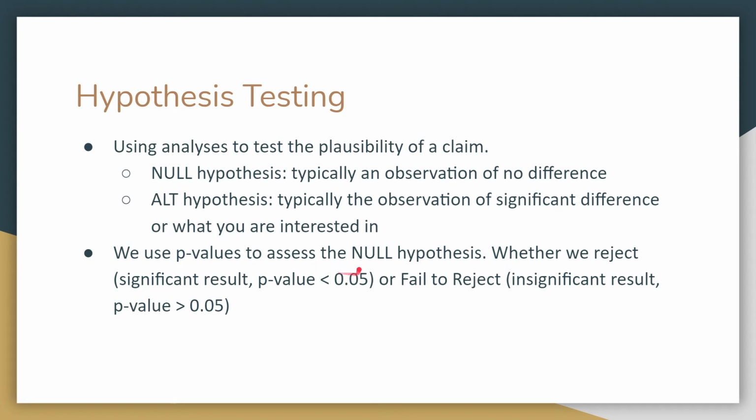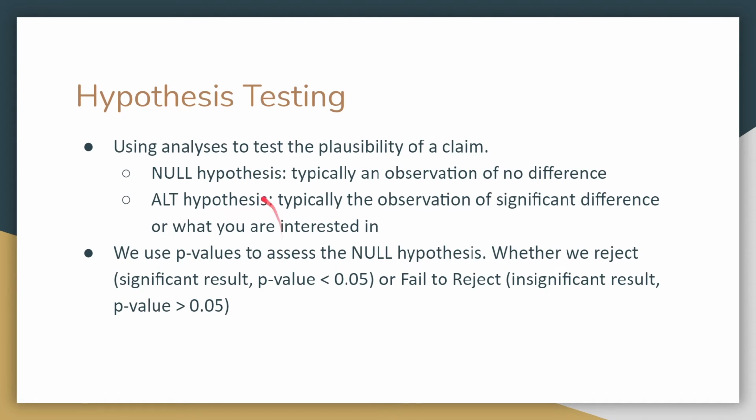and it really all depends. And then we fail to reject, so that means that the null hypothesis in this situation is pretty much accepted. So we fail to reject it, and this is going to be an insignificant result, and the p-value is going to be greater than 0.05, or whatever alpha level that we have selected.